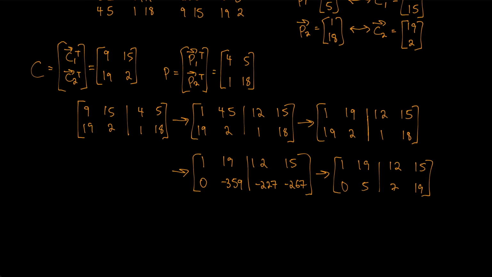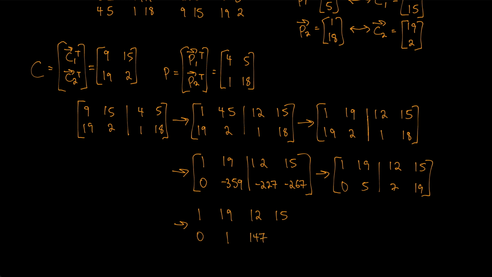Keep going. Now we have to get a leading one over here. Normally we divide by 5. In this case, we have to multiply by 5 inverse, mod 26, which happens to be 21. So we'll multiply through everything on the bottom by 21. So the top row stays the same. Bottom gets multiplied by 21. We get 0, and I'll just take the modulus because I already know it's the inverse. It'll give me 1.